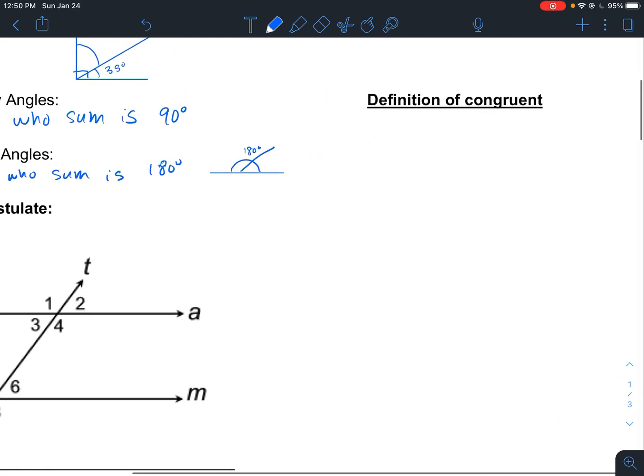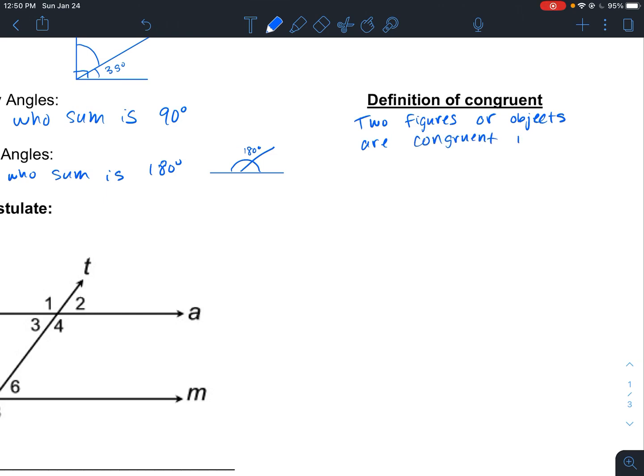Now, the definition of congruence. Two figures or objects are congruent if they have the same shape and size.